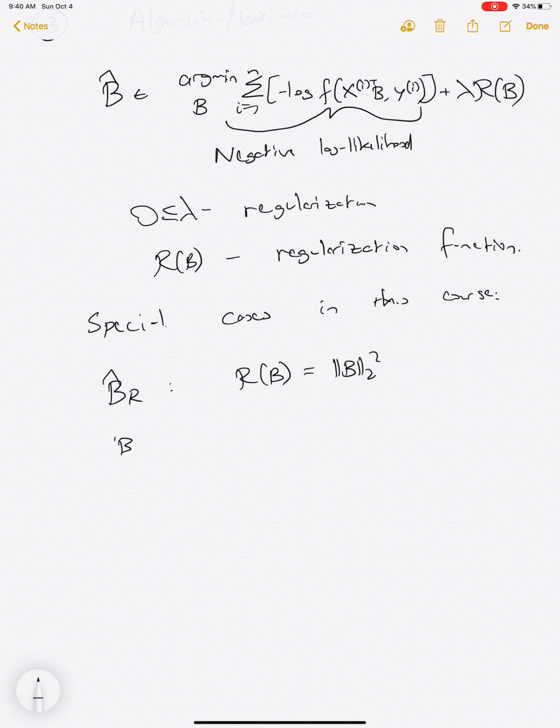And then for the lasso, we had that R of beta is this sum of absolute values.